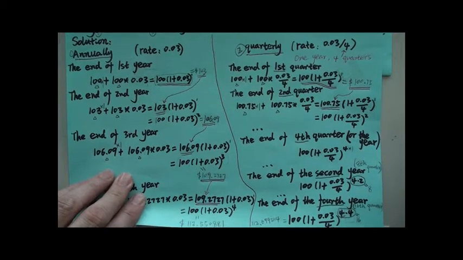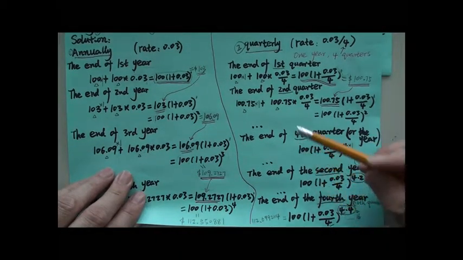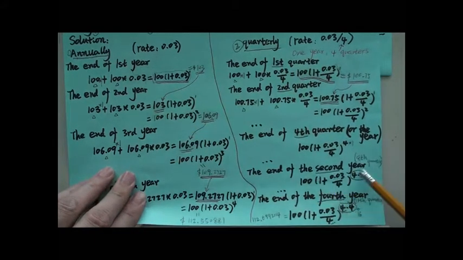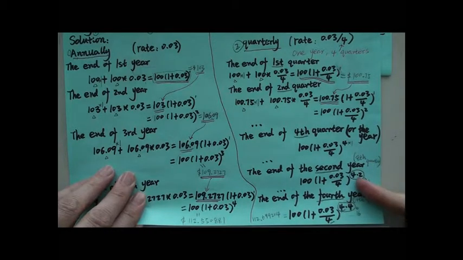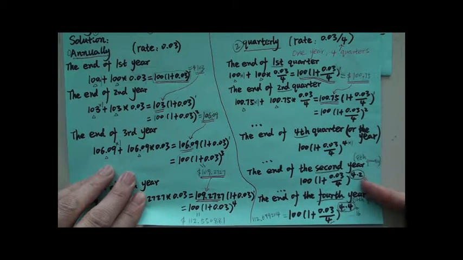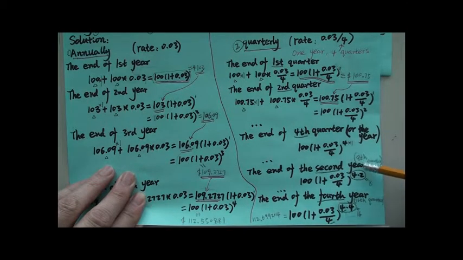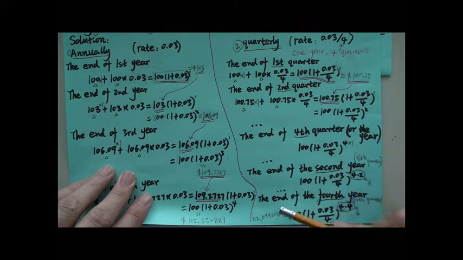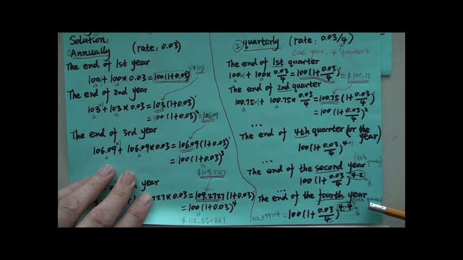Now similarly to the things we did above, the end of the second year, that's the 8th quarter, you should have 8 here. 8 is 4 times 2. So at the end of the second year, the exponent is 4 times 2. You can do more things right here. The end of the fourth year would be 16 quarters later.